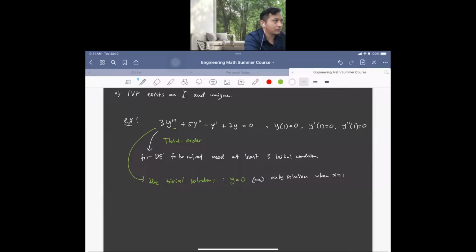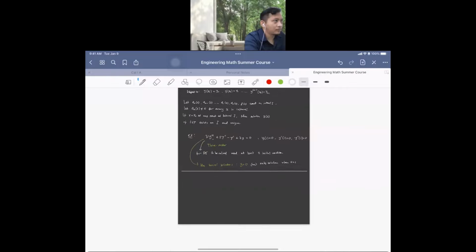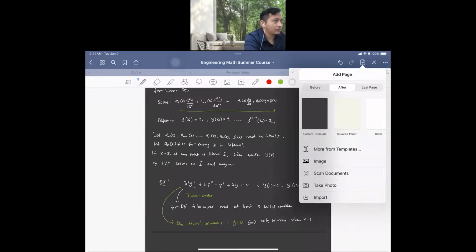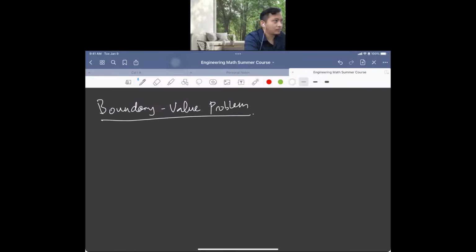Okay, another thing aside from this initial value problem is what we call the boundary value problem. Okay? The boundary value problem. So let me give you the boundary value problem. Let's say we need to solve the differential equation.